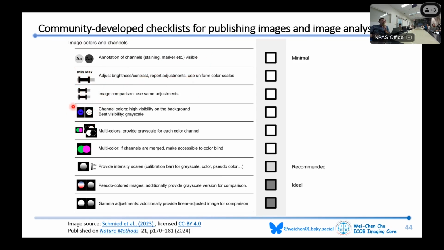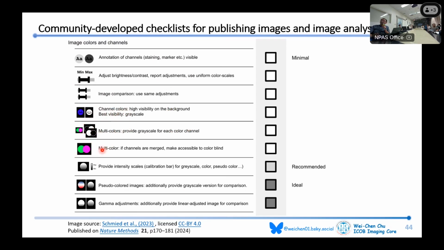The blue channel is usually not very good for human eye sensitivity. So for better visibility, use grayscale. And if you have multiple images, think about colorblind people. So the best way is to separate into different grayscale images.